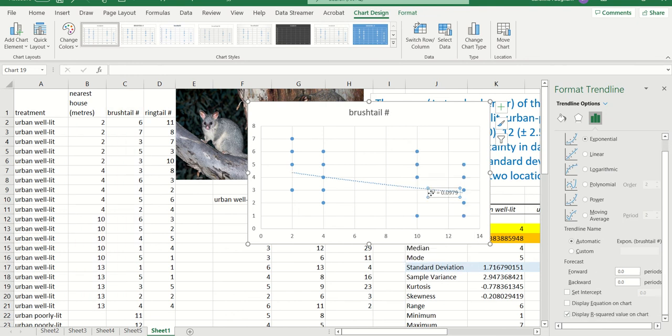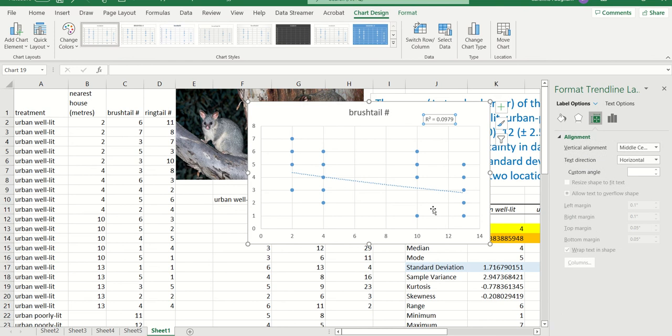So R² is a value between 0 and 1. The closer it is to 1, the stronger that relationship is. So the more the data can be explained by the trend line. Now mine is super low, which means there's no real trend going on here.